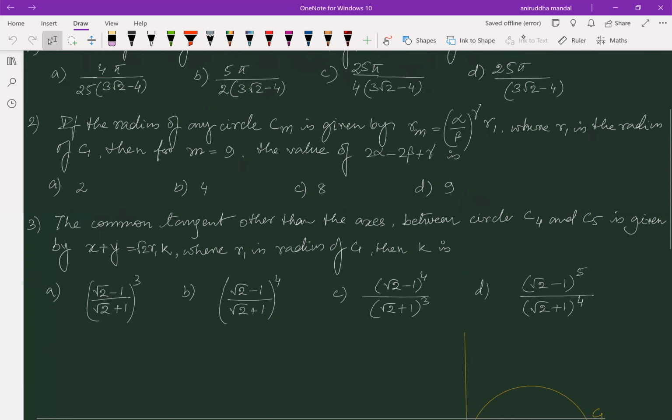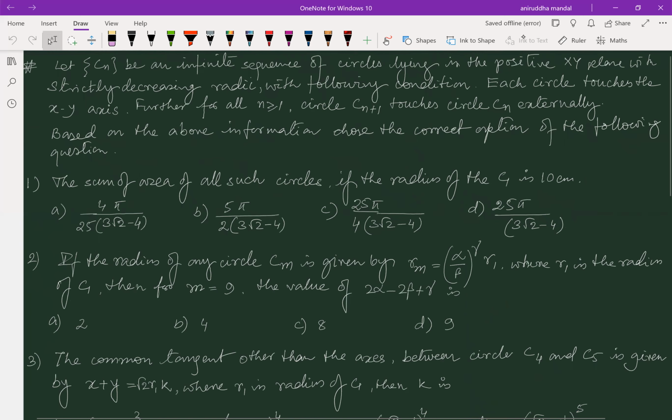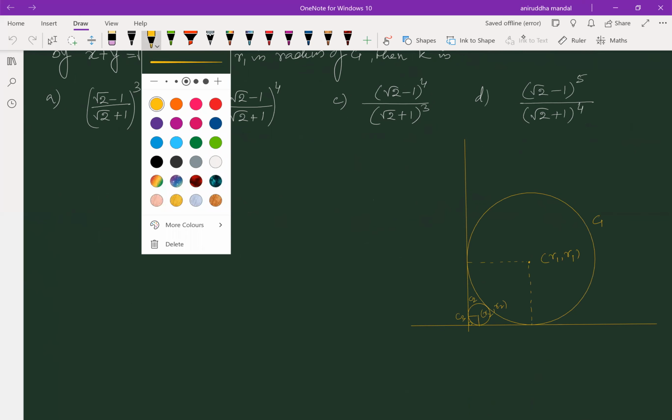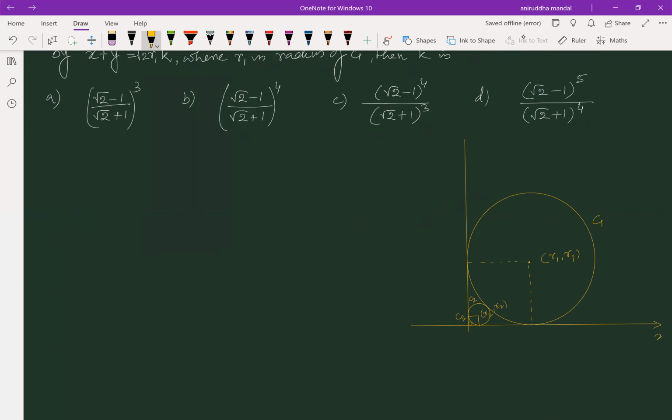So let's draw the figure first. So this is the figure. Let me explain. Say this is the x-axis and y-axis. Now this circle C1 with a radius R1 touches the axes x and y.